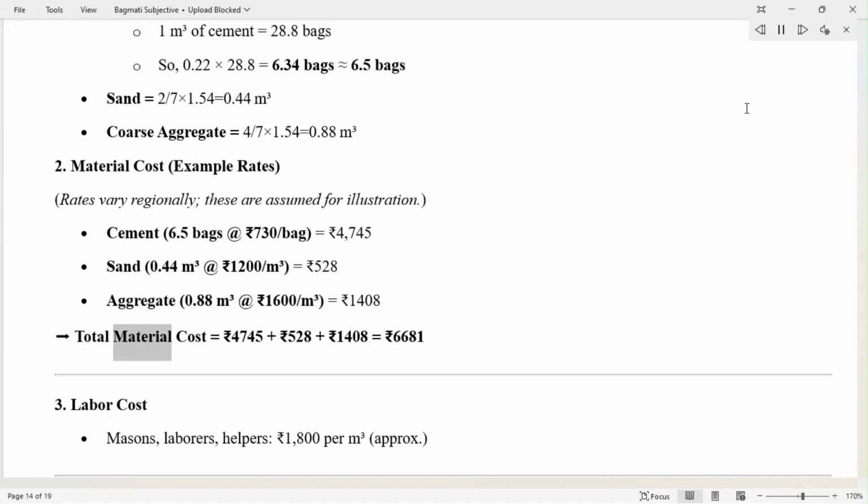Total material cost equals 4,745 plus 528 plus 1,408 equals 6,681 Indian rupees. 3. Labor cost: masons, laborers, helpers, approximately 1,800 rupees per m³. 4.